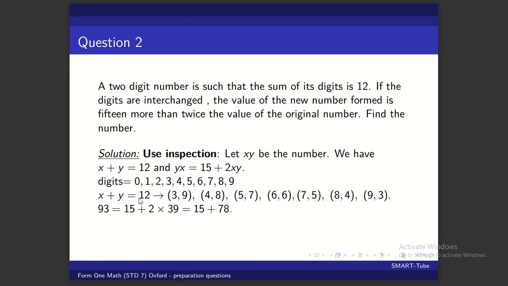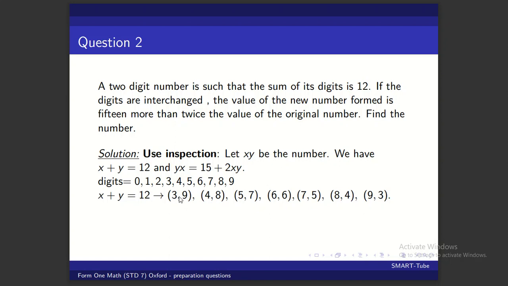So what is that number? Now let's see. The first number is 39. 2 times 39 is 78. Then adding 15 to 78, you get 93.